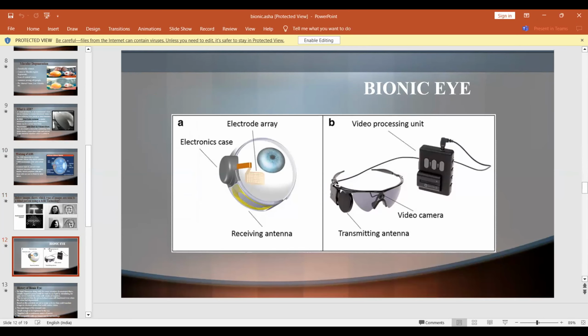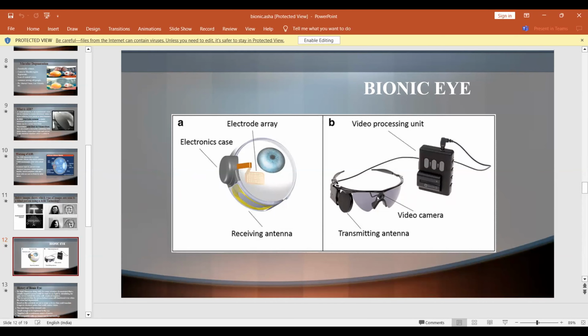Coming to the bionic eye, as you see in column B, this is called the bionic eye. The bionic eye is nothing but a headgear consisting of specs. There will be a camera inserted into the specs. Here we can see the video camera.